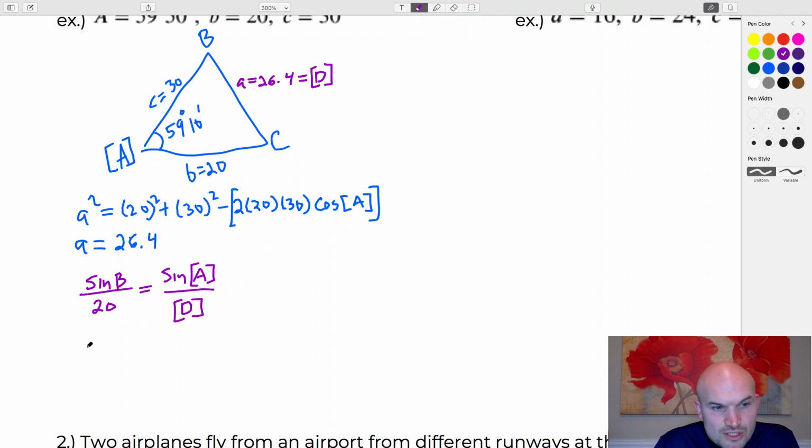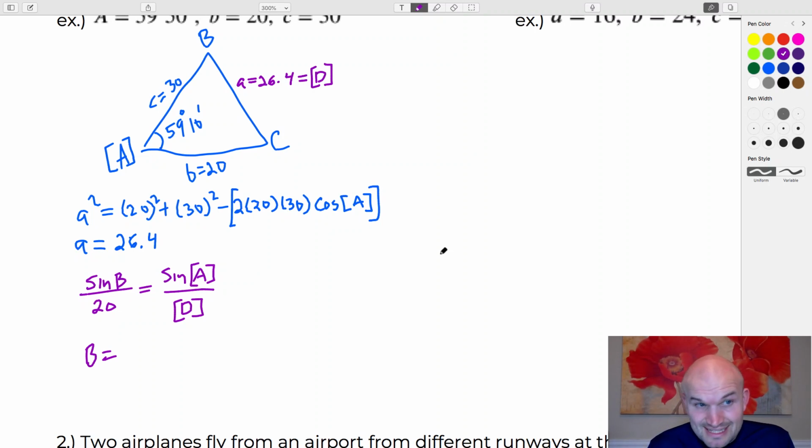So now, if I want to solve for B, hopefully you know you're just going to multiply by 20. So it's going to be 20 times the sine of A, which is 59.83, and then I'm going to divide that by my new saved answer, D, which is 26.4. And then obviously there's more decimals.